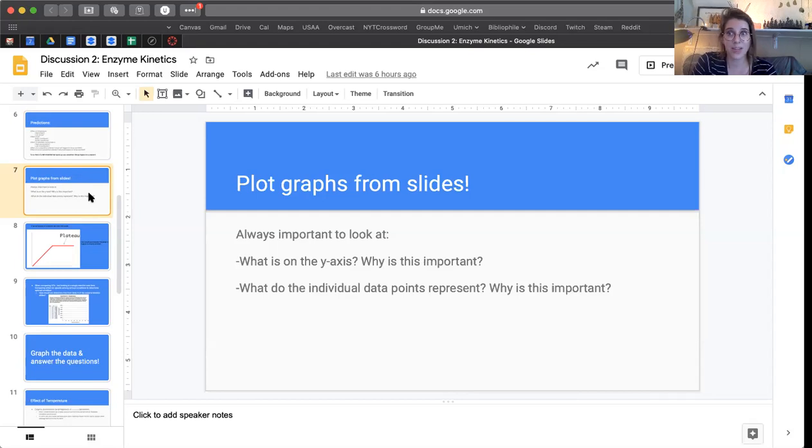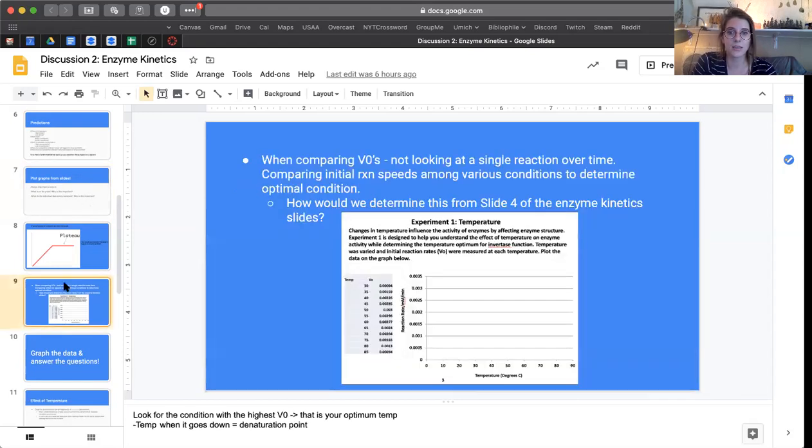The reason this is important is because, here, this is a screenshot from the worksheet that we've been given. We can see we have temperature on the x-axis, so that's the conditions that we're comparing. And then we have the reaction rate on the y-axis. So these are the V naughts.